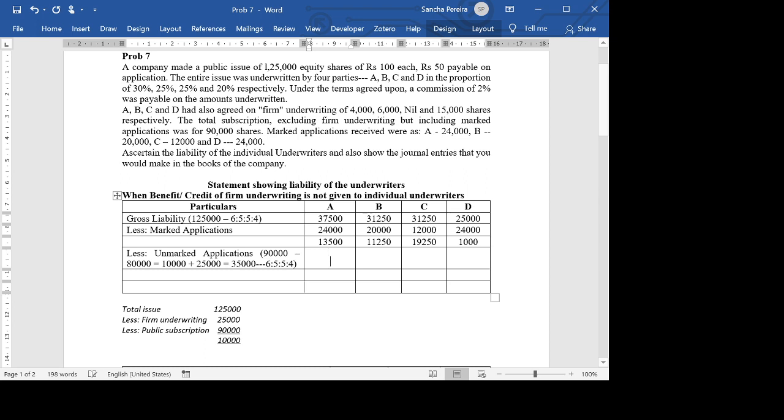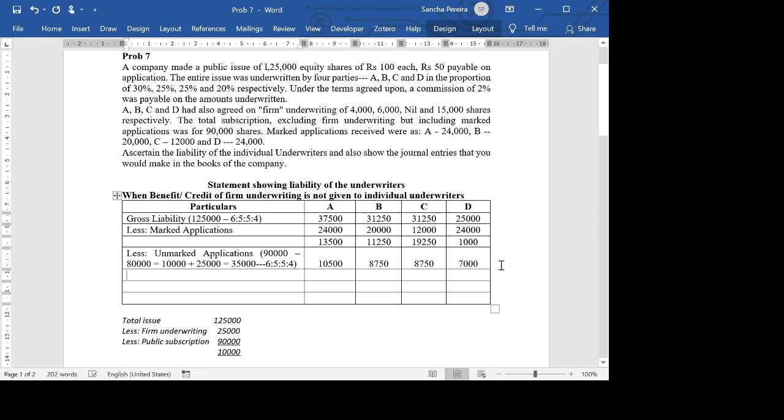Okay. So after doing that calculation, we will have 10,500. This comes to 8750. This comes to 8750. And this comes to 7,000.